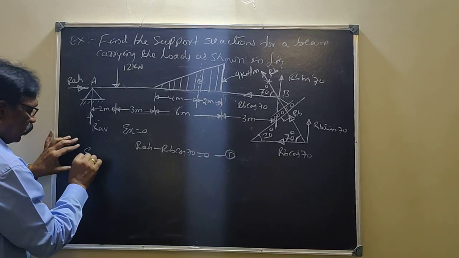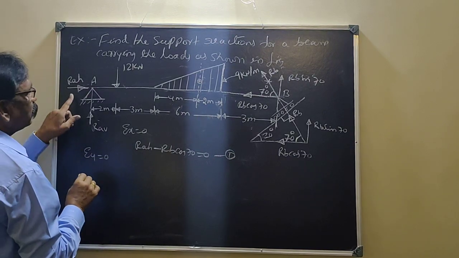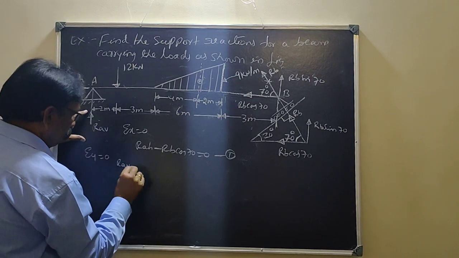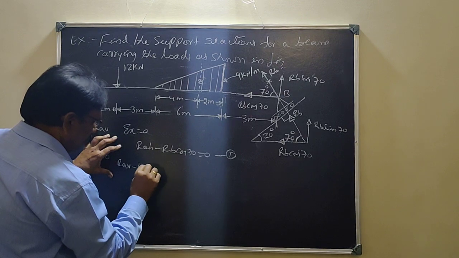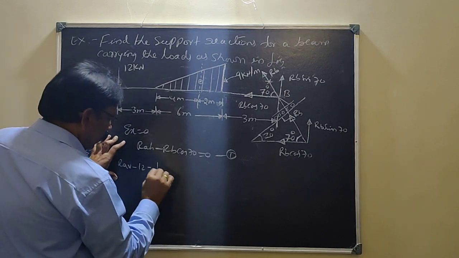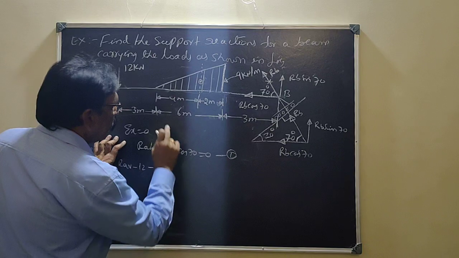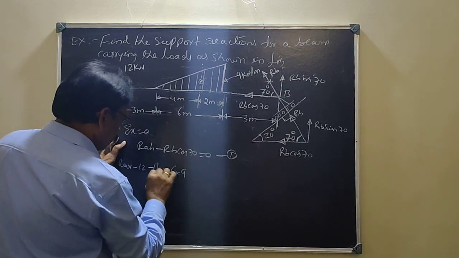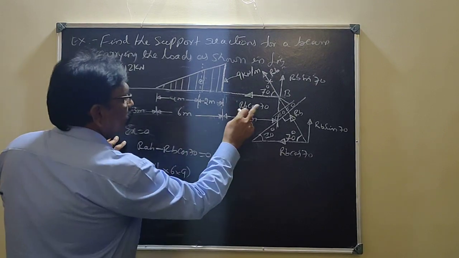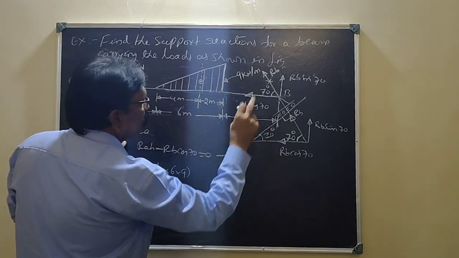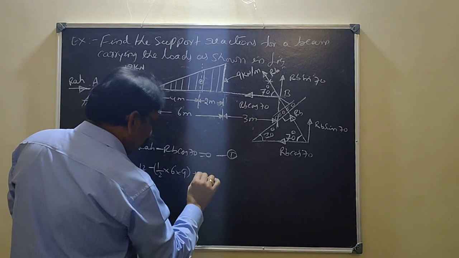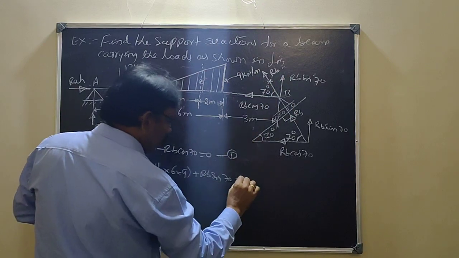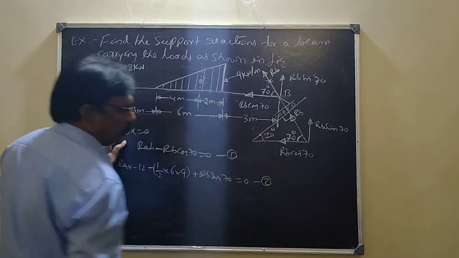Then comes sigma y is equal to 0, that means upward forces: RAV minus 12, which is half into base 6 into height 9, the total load acting downward, plus RB sine 70 acting vertically upward, must be equal to 0. This is equation number 2.